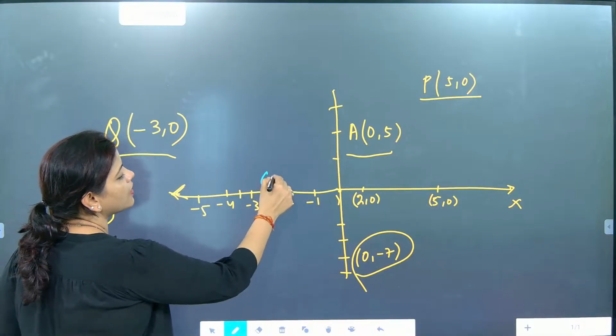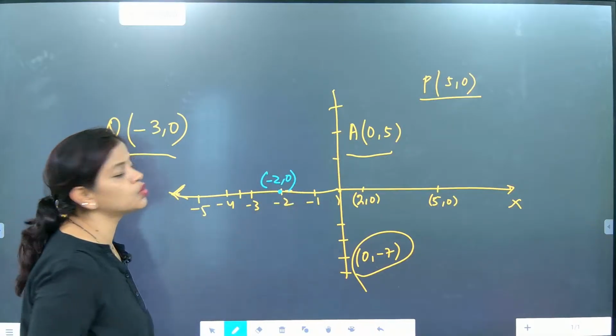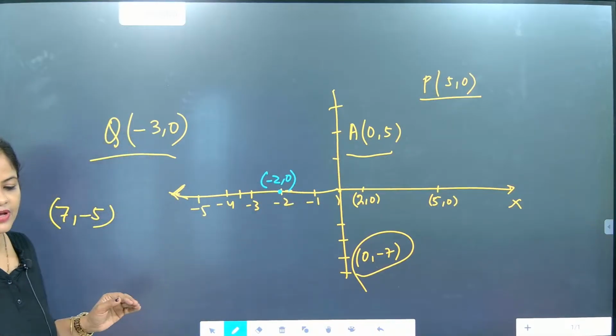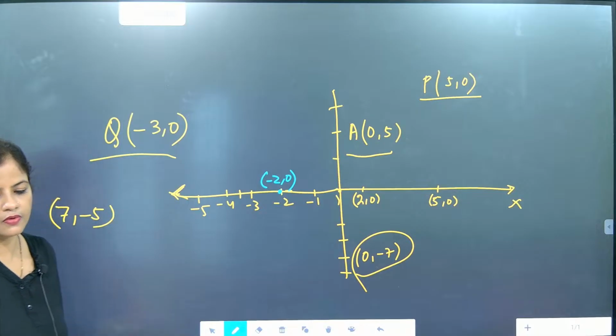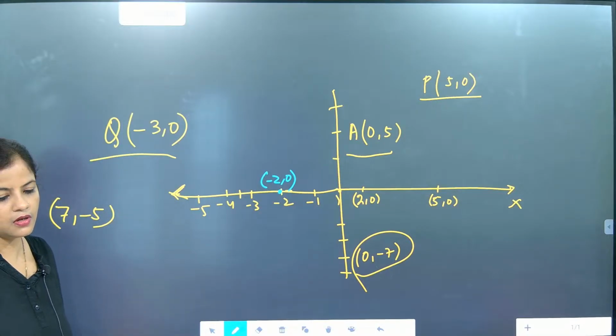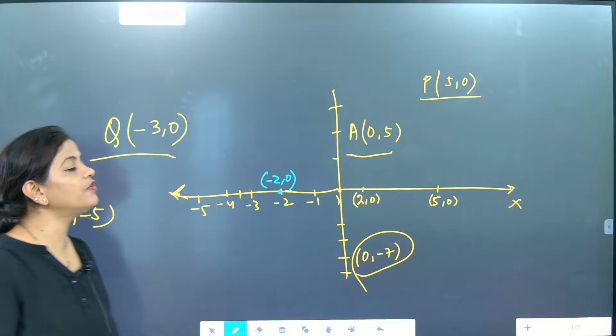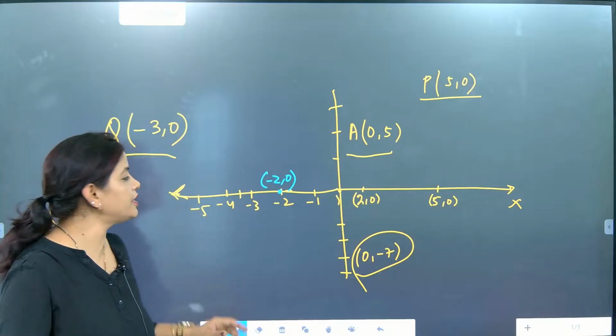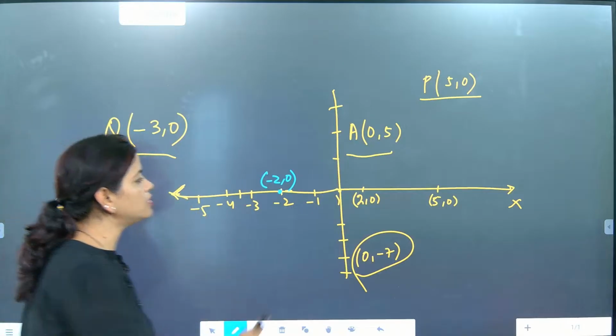So here what point will it become, beta? -2 comma 0. So y value will become what? 0. Got it? Now we will go for the next one.